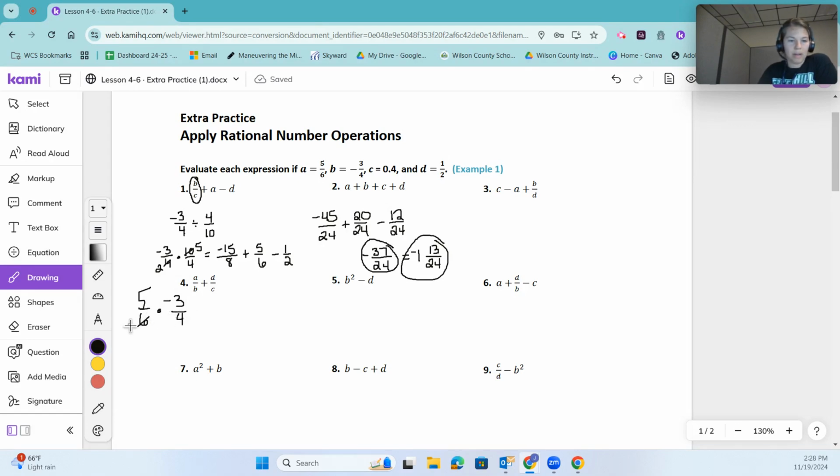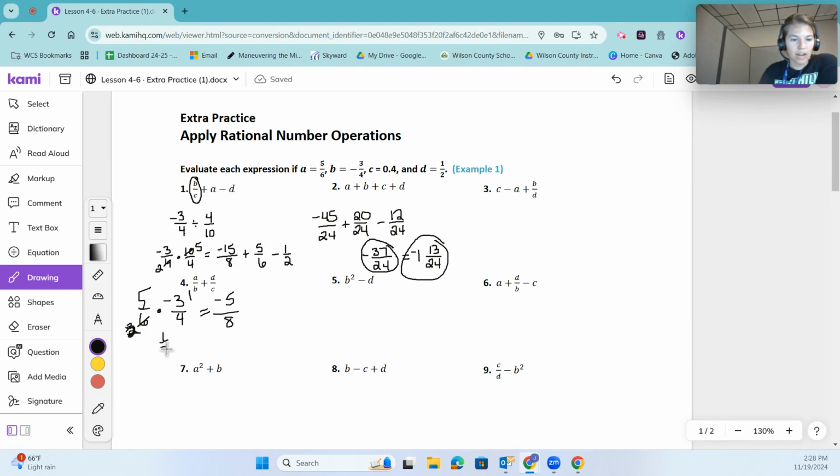Simplify on my diagonal. 3 goes into 6 2 times. 3 goes into negative 3 once. 1 times negative 1 times 5 is negative 5 over 2 times 4 is 8. So negative 5/8.